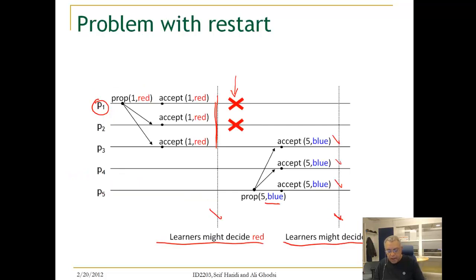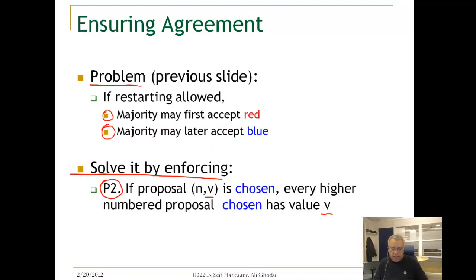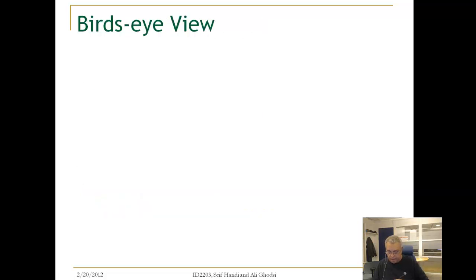Here we have a proposal that is chosen. We want to ensure that every proposal accepted after that has the same value. This should be red, not blue. This is a property that we would like to achieve. If a proposal is chosen by a majority, every higher number proposal chosen by a majority again should have the value V.